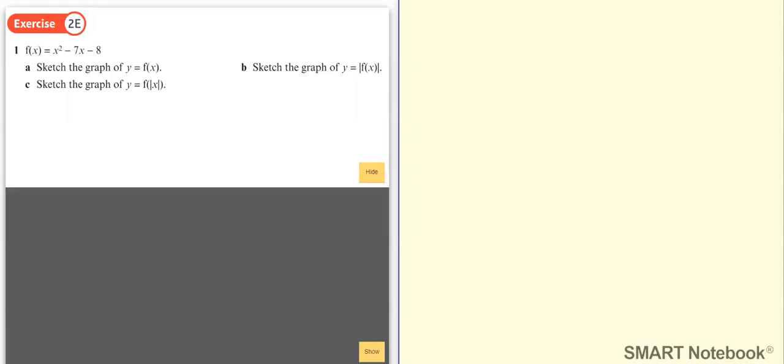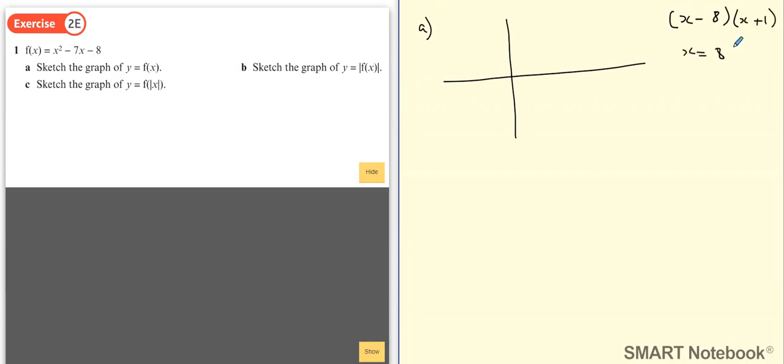So looking at this, part A, just a normal quadratic, your roots are, well, if I factorize that, x minus 8, x plus 1. So my roots are x equals 8 or x equals minus 1. My y-intercept, I can read straight off from the graph, is minus 8. I have minus 1 here and 8 here.